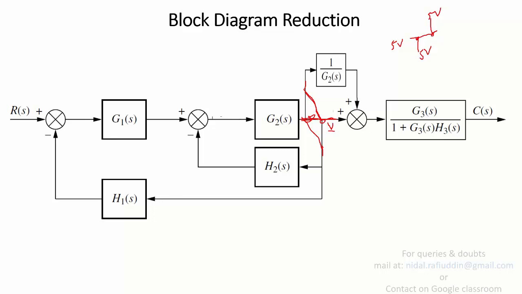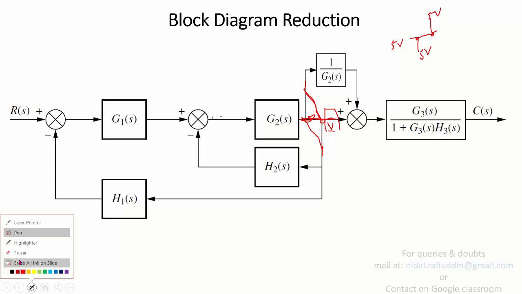We have studied that a parallel path is one where you feed the blocks the same signal, and the output of each of the blocks will be fed to the comparator, either added or subtracted. That will then be taken into account in the final representation of the blocks in parallel form. Since this particular path doesn't have any block, we assume this path to have a block with a gain of 1.